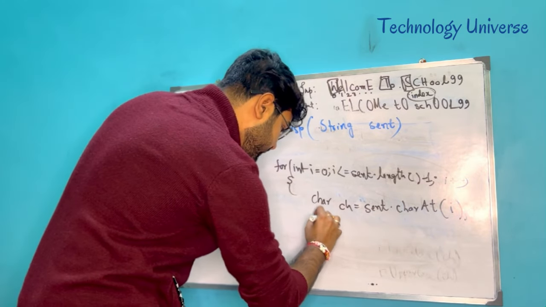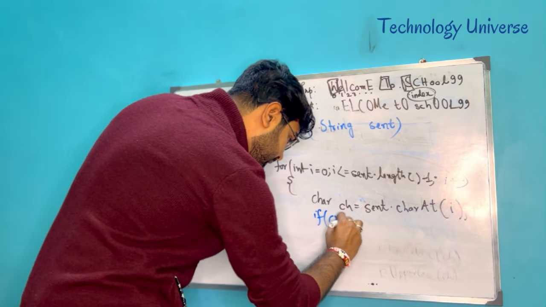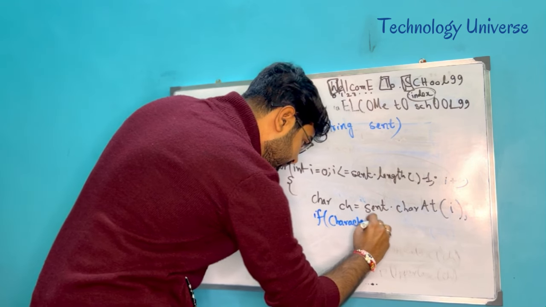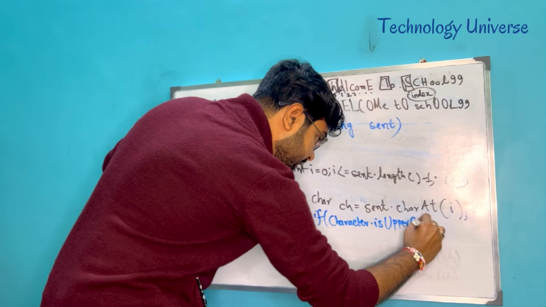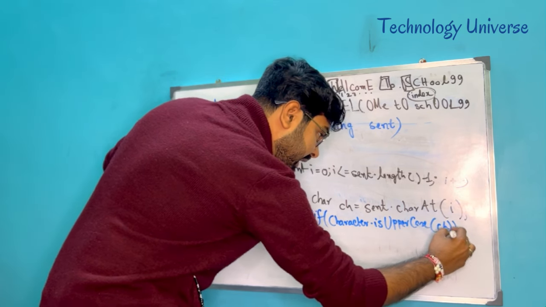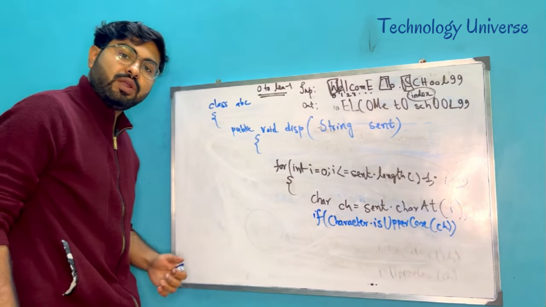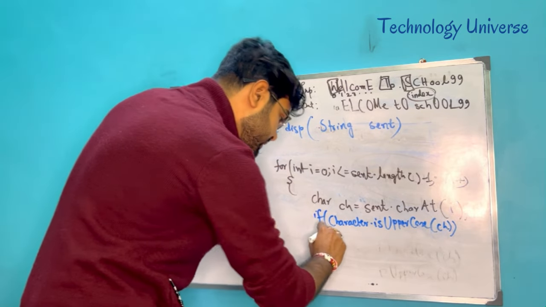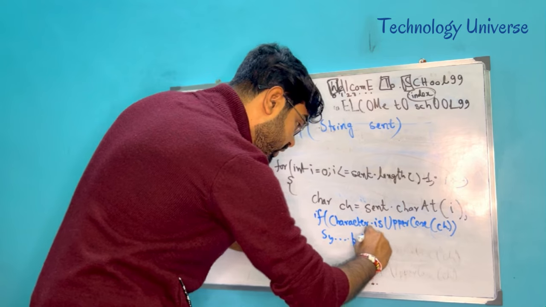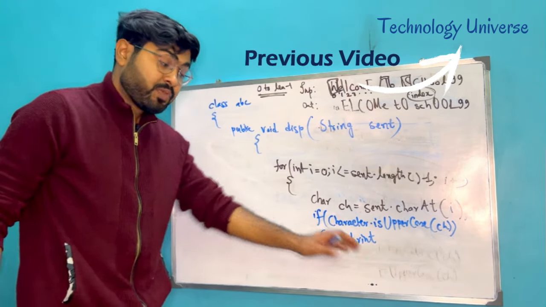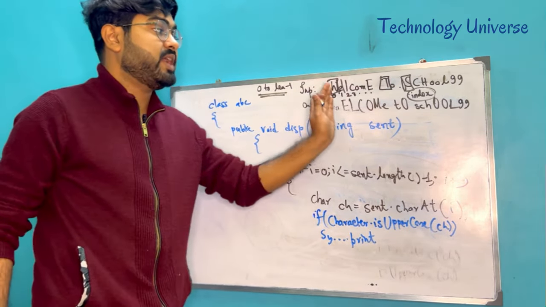So here comes our logic. If Character.isUpperCase(ch), I have to convert that into lowercase, right? Now I would simply write System.out.print. Note that I am not writing println, right? Because I want to print the characters side by side.